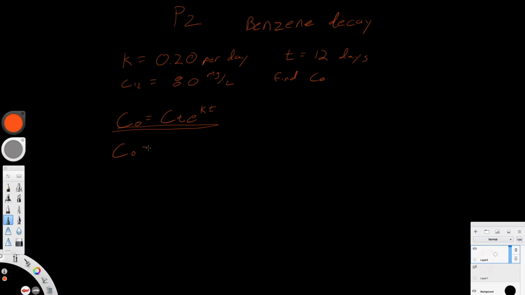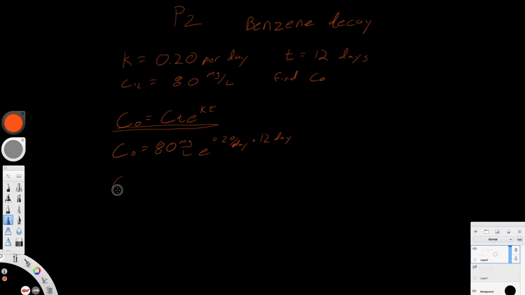So we want to solve for the original concentration. We know that we have 8 milligrams per liter. We have e, we have 0.20 per day, times 12 days.